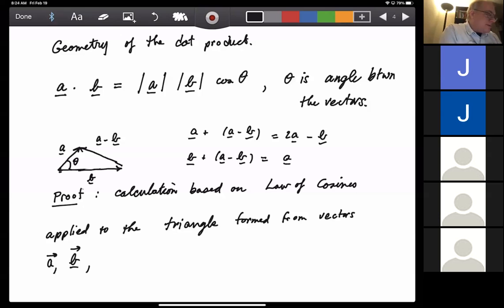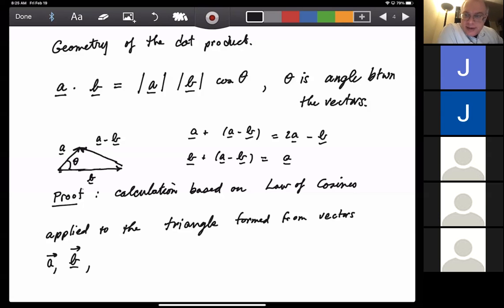So depending on what direction you want, the vector that represents the third side of the triangle could be either A minus B or B minus A. Is everyone clear on the idea of vector addition, vector subtraction?